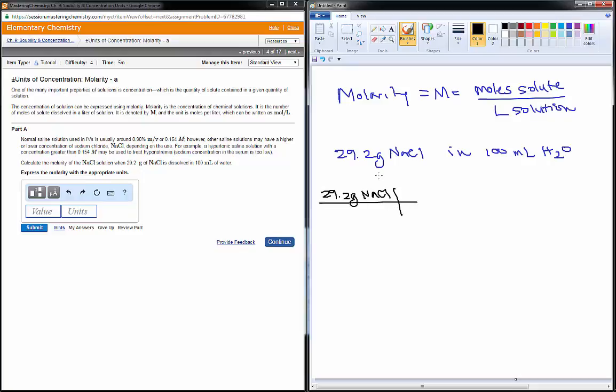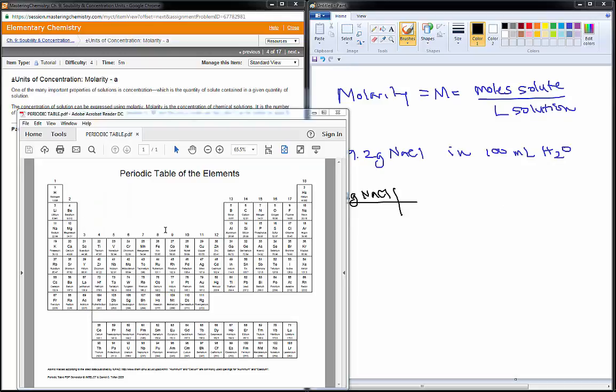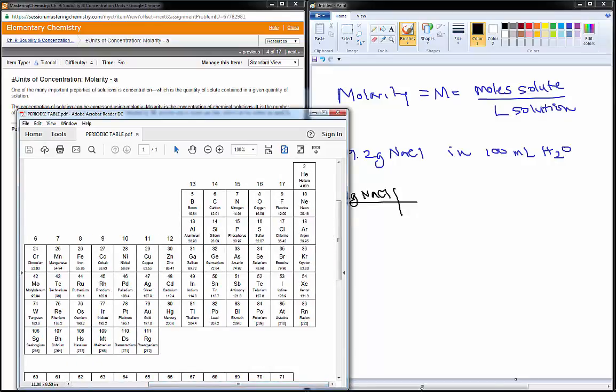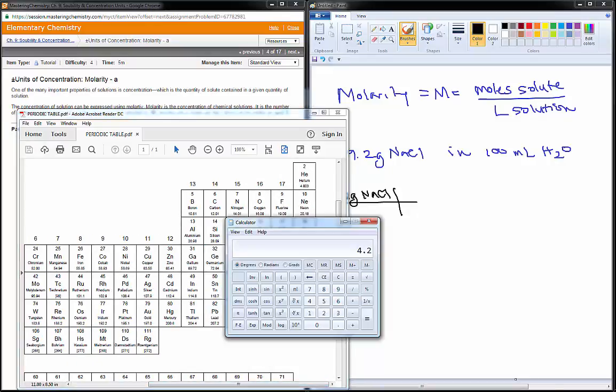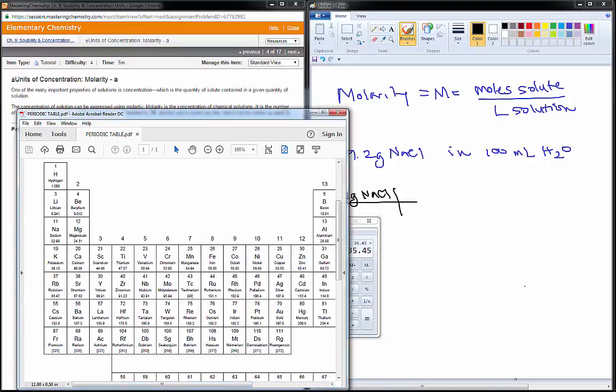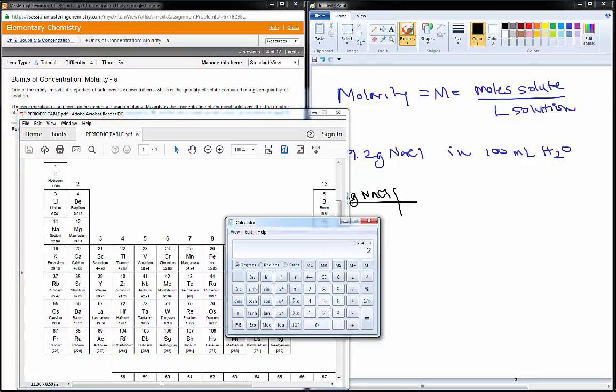For the molar mass of NaCl, let me pull up my periodic table and zoom in a little bit. NaCl has 1 chlorine at 35.45 and 1 sodium at 22.99, for a total mass of 58.44 grams per mole.